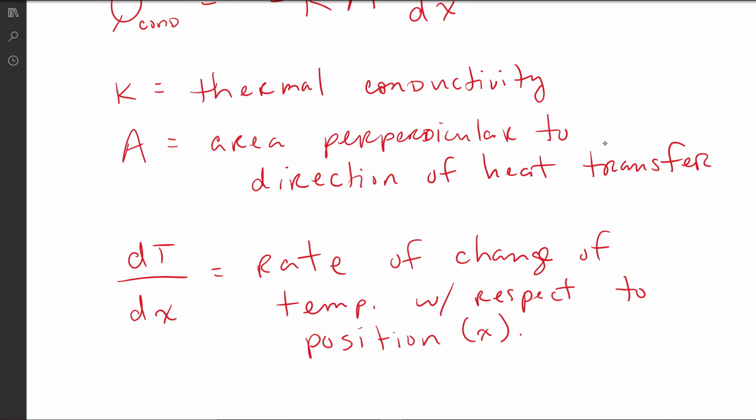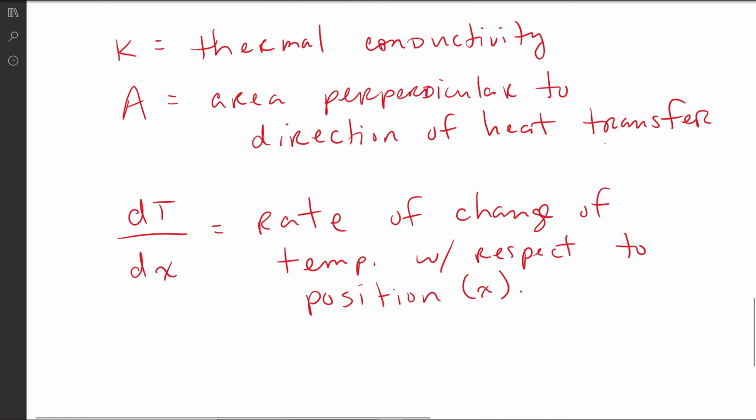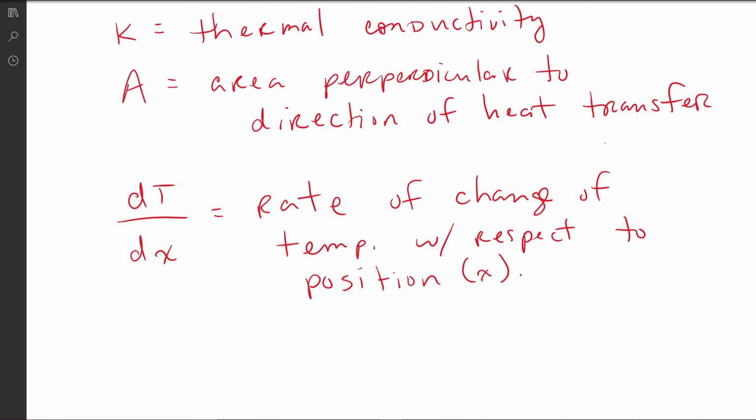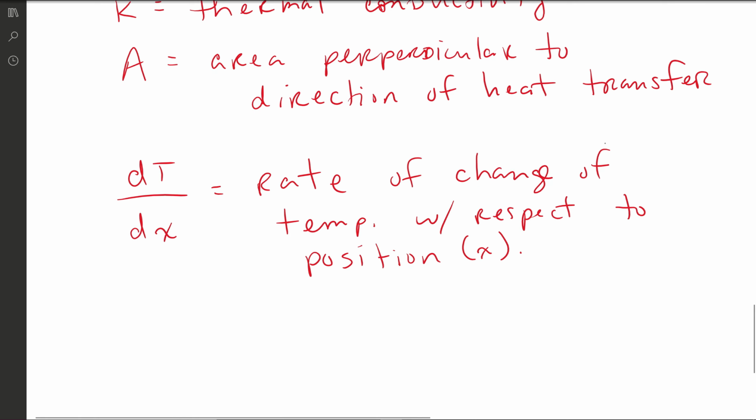Sometimes they'll refer to it in other textbooks as the temperature gradient. The temperature gradient is just approximately delta T over delta X, right? The change in T over the change in X.